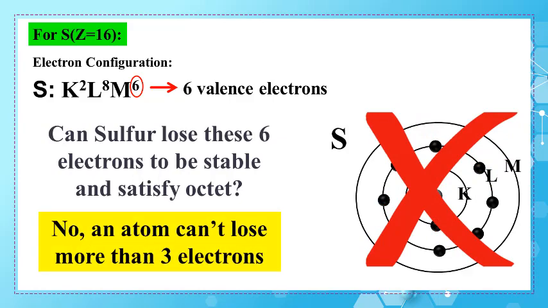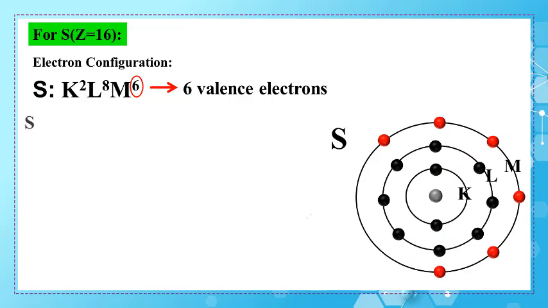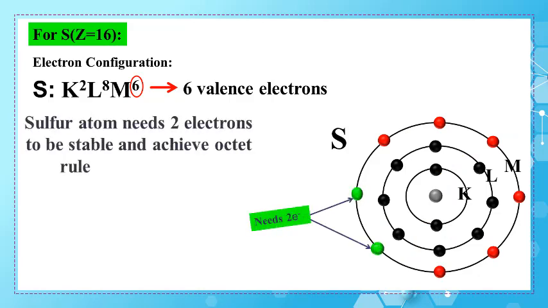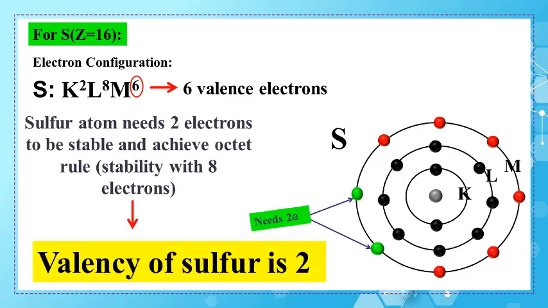An atom cannot lose more than 3 electrons. So the sulfur atom needs 2 electrons to be stable and achieve the octet rule, which is stability with 8 electrons. Thus, the valency of sulfur is 2.